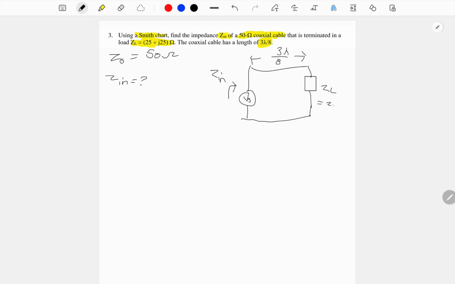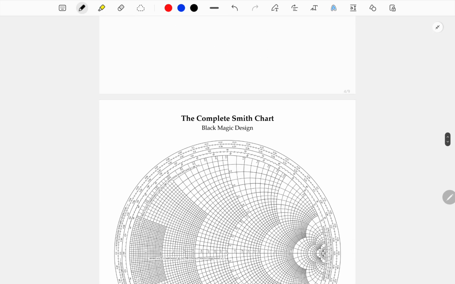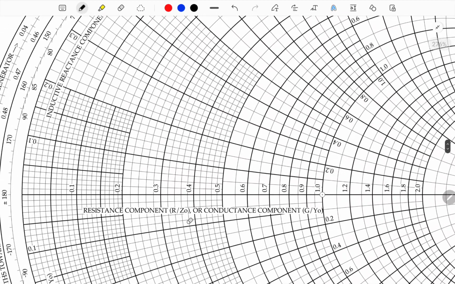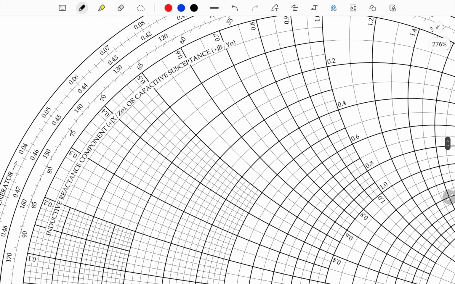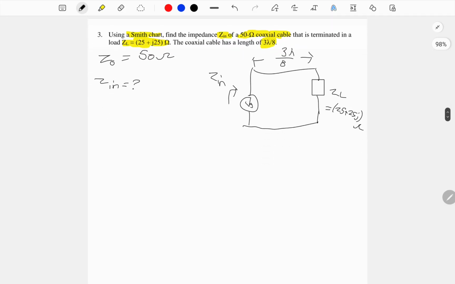Okay, so we're given the load, right? That's 25 plus 25j ohms. And we'll plot this point right now. So ZL is 25 plus 25j. The way it works, if you look at the Smith chart, it says R divided by Z0 and jX divided by Z0. So that's the scale for the Smith chart.